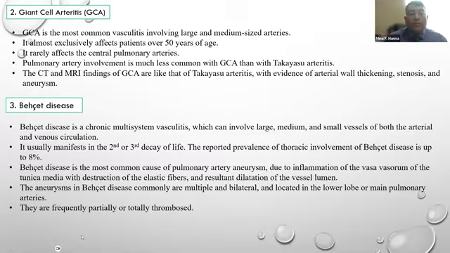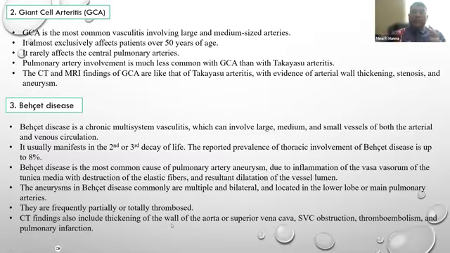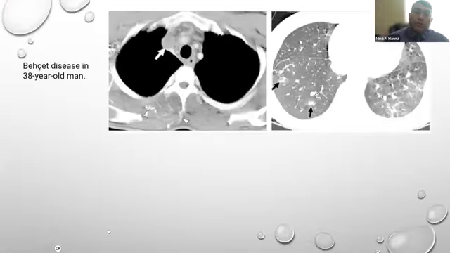They are frequently partially or totally thrombosed, so you will find the dilated part and the mural thrombus along its periphery. Thickening of the wall of the aorta or superior vena cava, obstruction, thromboembolism, and pulmonary infarction occur as a consequence of this vascular inflammation. You see here the superior vena cava is thrombosed.